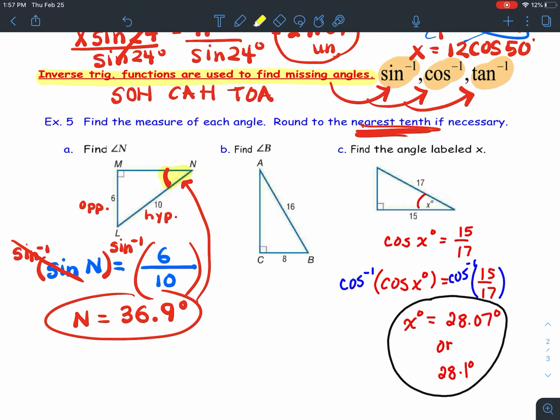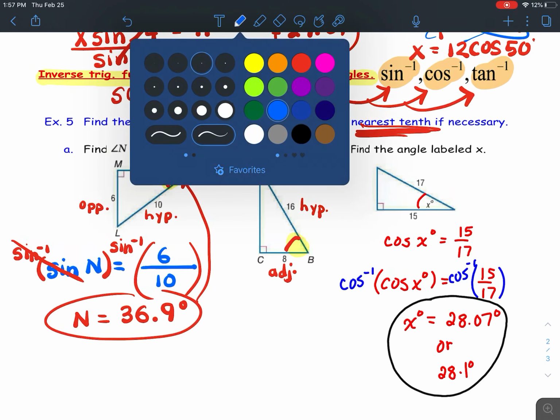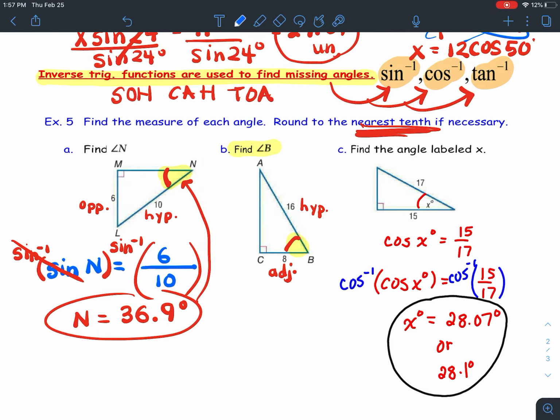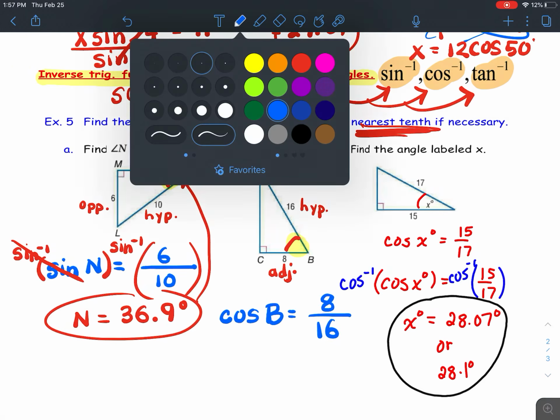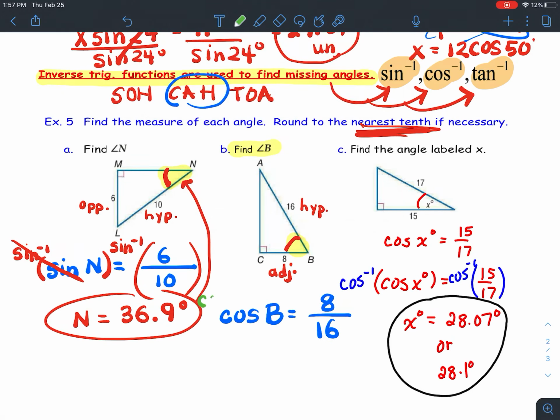Okay, let's try one more of these here. Here they're asking us to find angle B. So again, that's this angle down here. I'm going to make a little note. The 16 is the hypotenuse. Now the 8 is the adjacent. So I need to pick a trig function that somehow is going to incorporate adjacent with hypotenuse. That feels more like cosine. So I'm going to do cosine of angle B equals adjacent 8 over hypotenuse 16.